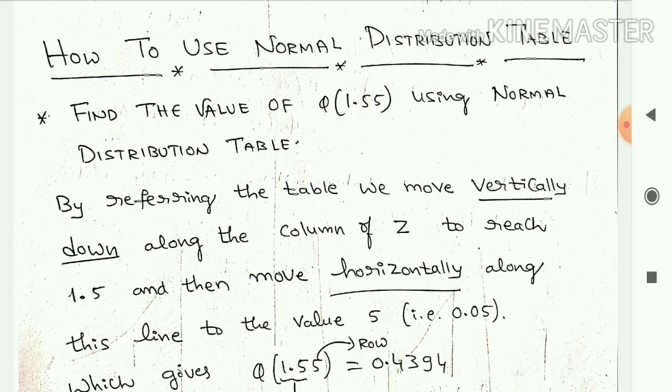Therefore, this part is very important. Listen properly. Now, suppose I want the value of phi of 1.55. They will give the normal distribution table. How to find the value? It's very simple.